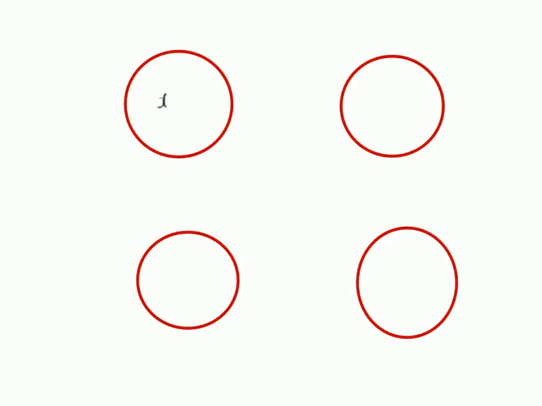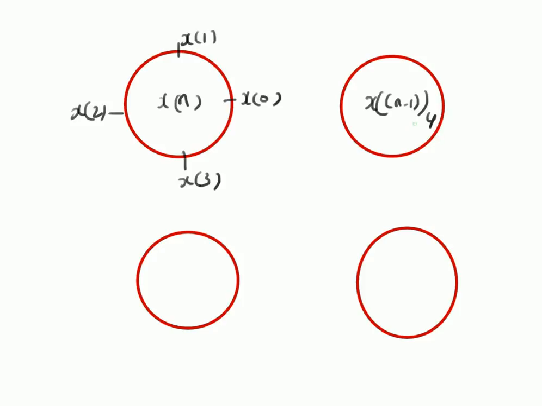Now given the sequence x of n, it is x of 0 here, x of 1 here, x of 2, and the last one x of 3. Now we can plot the values of x of n minus 1 mod 4. Since there are 4 values, we have mod 4, and n minus 1 means we have to shift the values by 1 point.